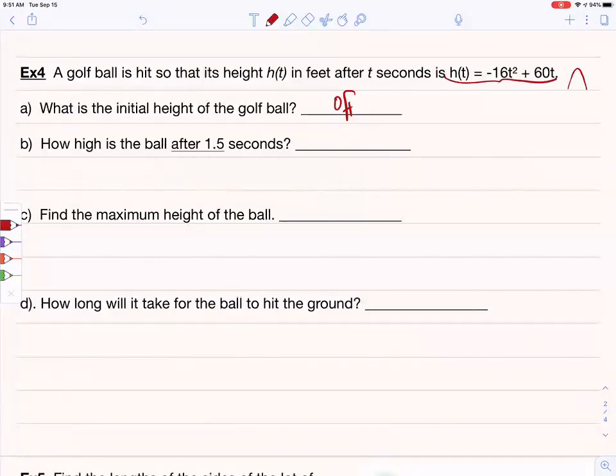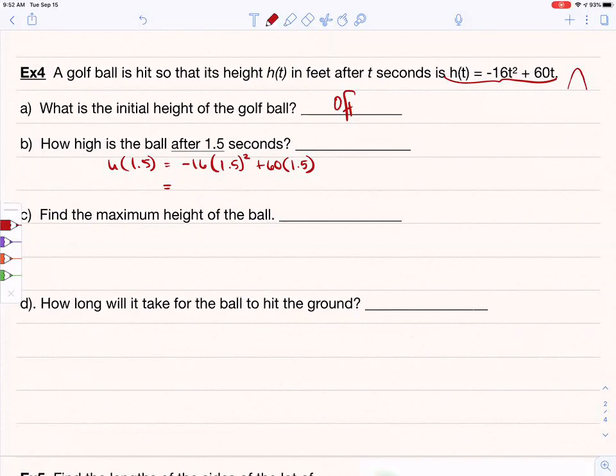Plug it in. So h of 1.5 seconds is equal to negative 16 times 1.5 squared plus 60 times 1.5. You punch on buttons? Wait, that's impossible.